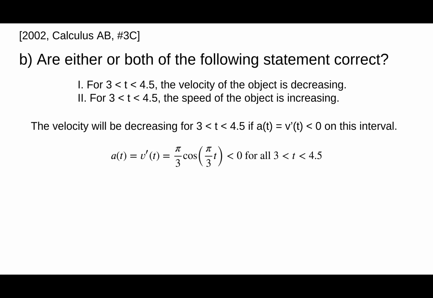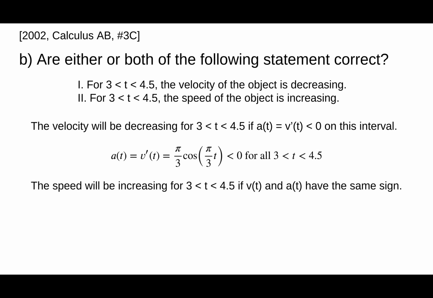So, the first statement, the velocity of the object is decreasing for t between 3 and 4.5, does seem to be true. The rate of change of the velocity is negative, the acceleration is negative on that interval for all values of t, so that would be true.